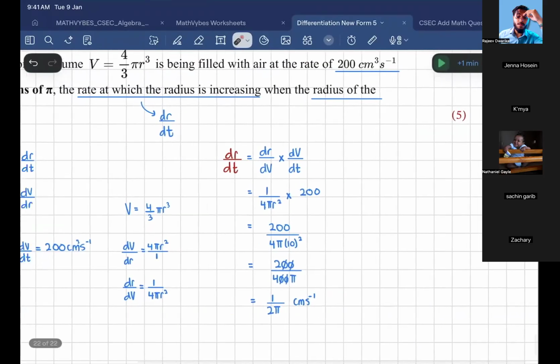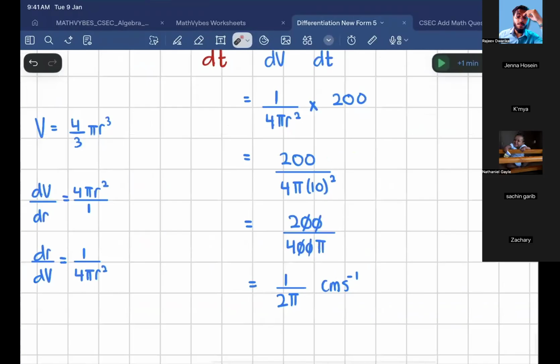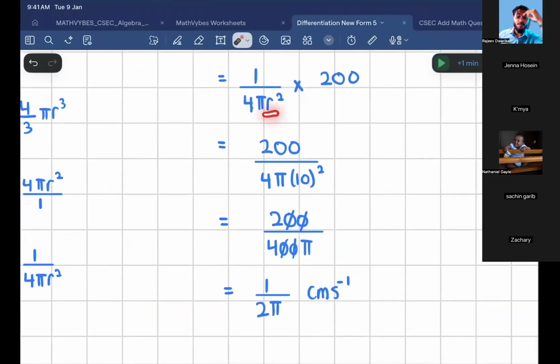And in the question, they said when the radius of the balloon is increasing, it's 10 centimeters. So we replace the radius with 10 centimeters, and you get the answer. Simplify from there.